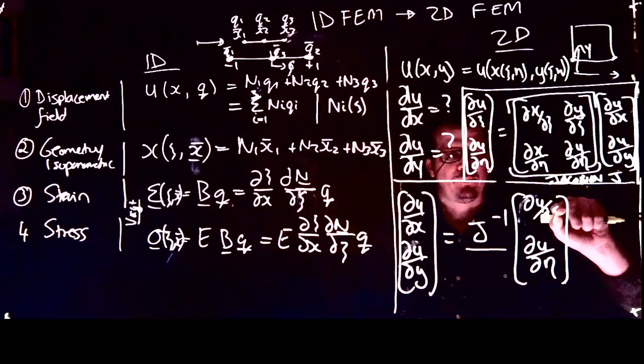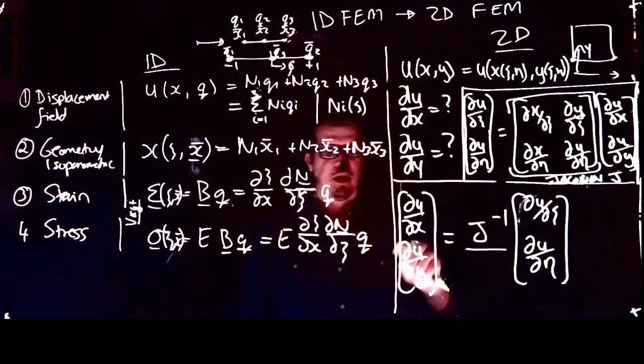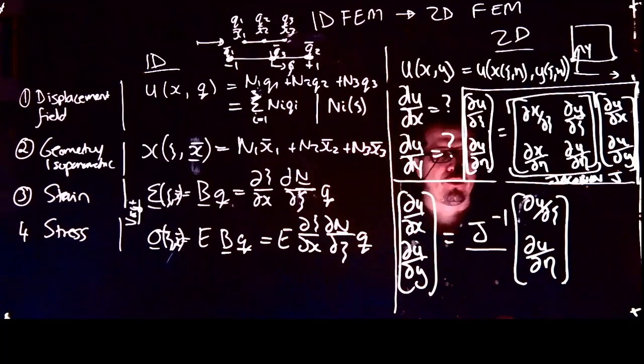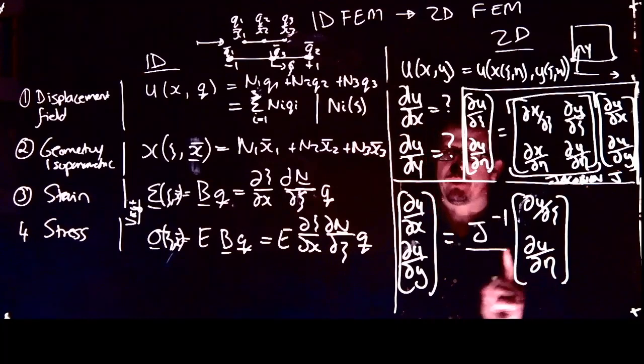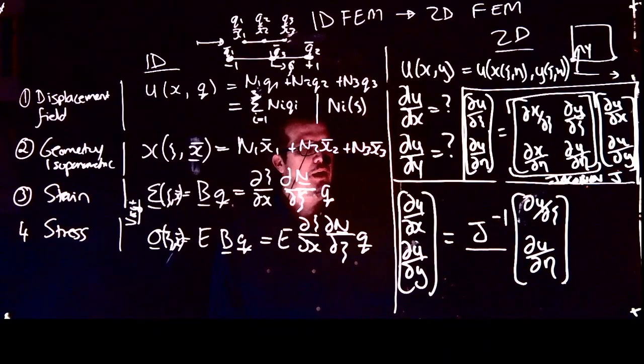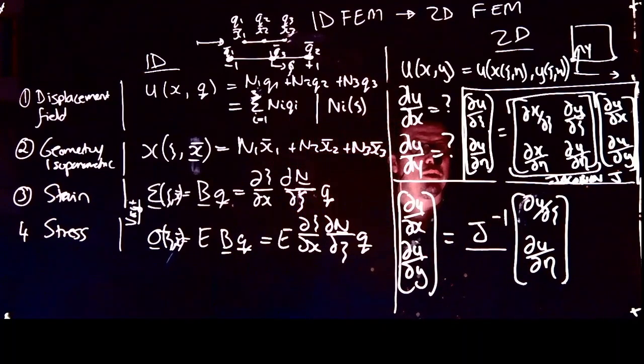But these things we can compute explicitly because we can write down the form of the shape function explicitly. We'll talk about that. I first want to run through this whole thing, and then we're going to derive how those shape functions would look, based on our knowledge from the 1D case. But this is essentially just to make sure that we're comfortable with this. So let's stop here and let's look at what we can do with a complete strain.